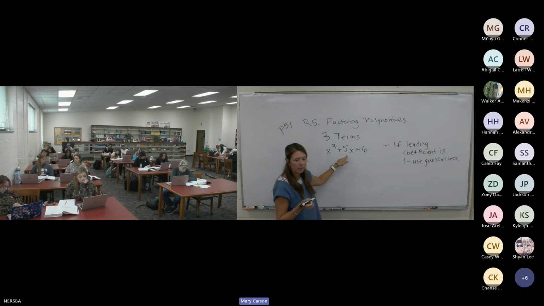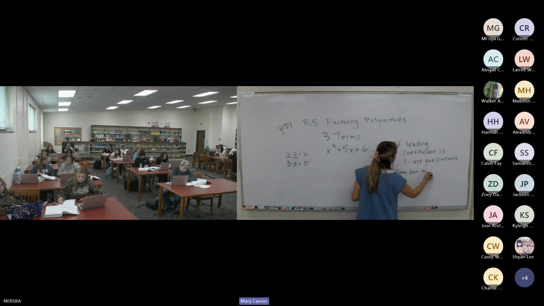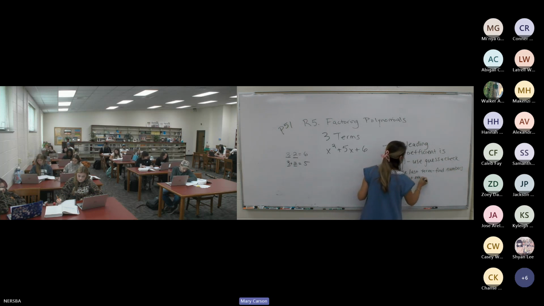So if you need to write that down, write it down. So I'll write it over here. You're going to take the last term, find numbers that multiply to give the last term, but add to give the middle term.